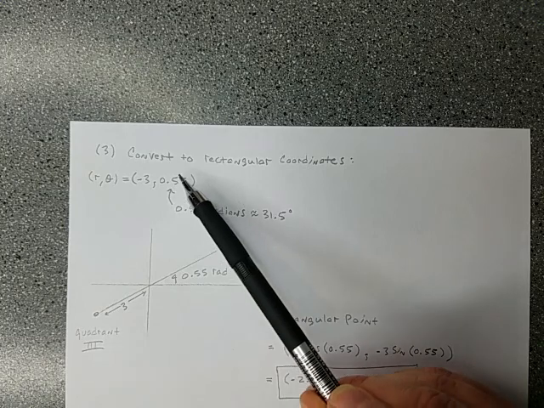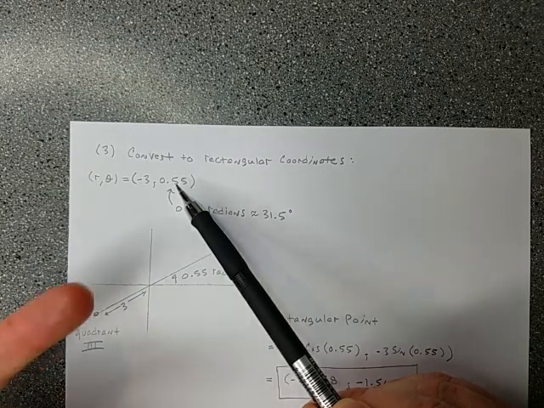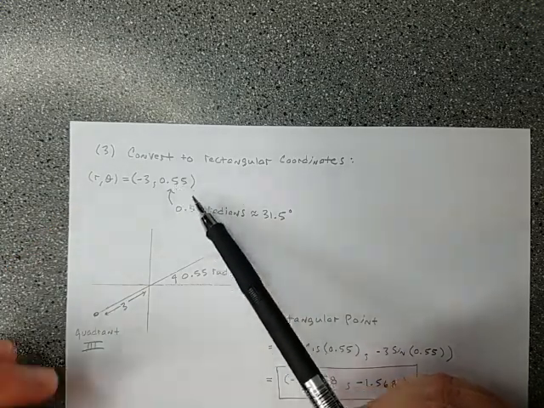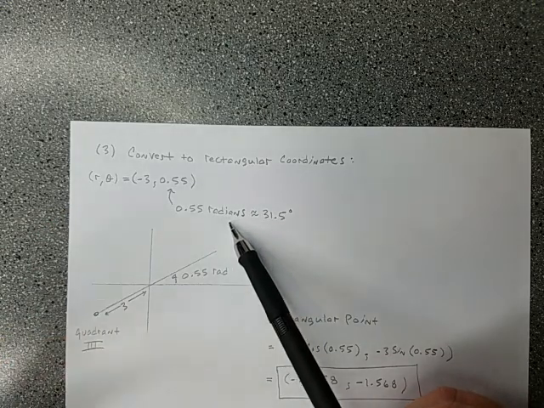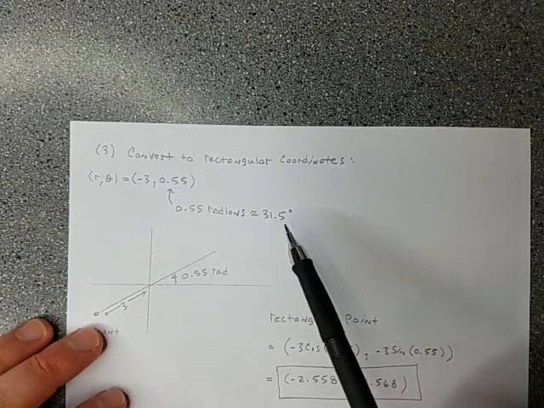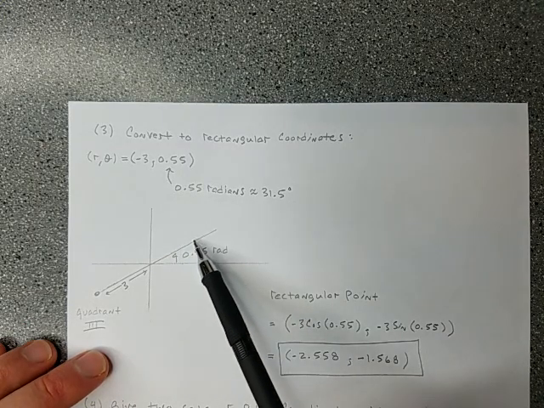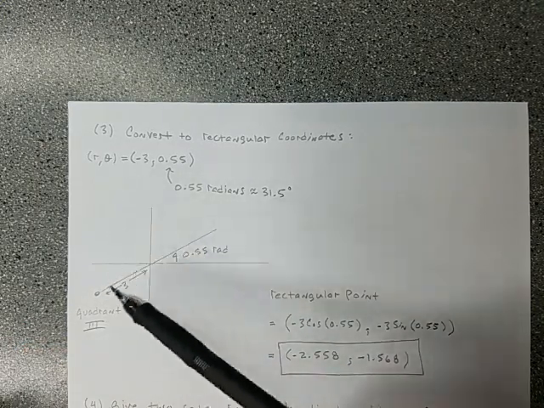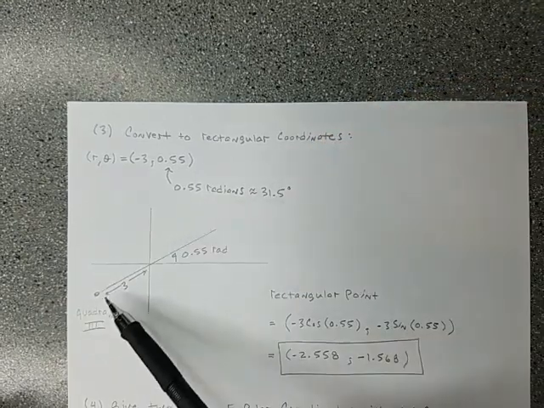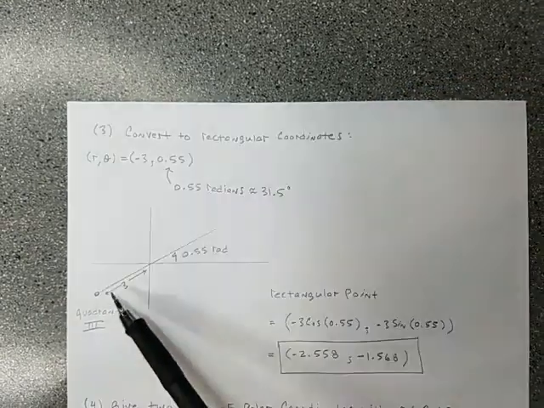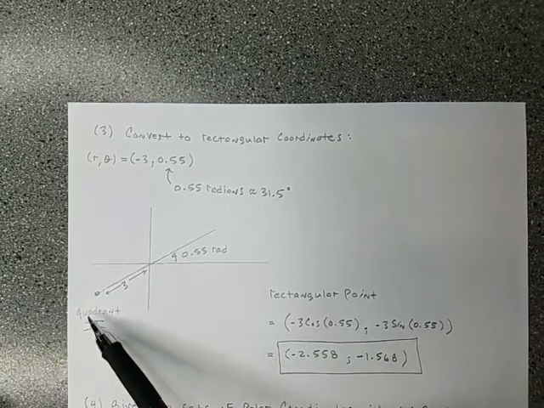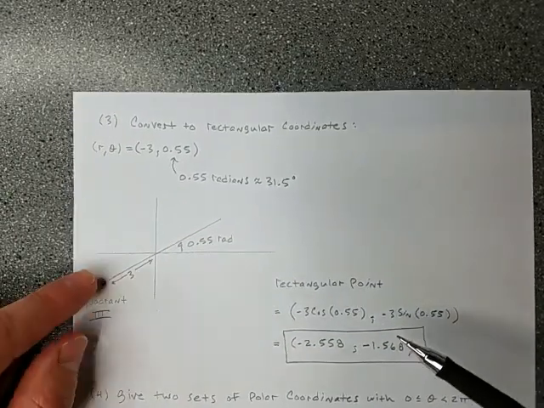Because there are no units given, but we know it's in polar coordinates, so we know it's an angle. We know it's radians then. That's the conclusion that we can reach. This point, well, okay, so I'd have to rotate about 31 degrees, and then since r is negative, I have to go that way, a distance of about 3, okay? It'd put me down here in quadrant 3. Now, that's where it is.